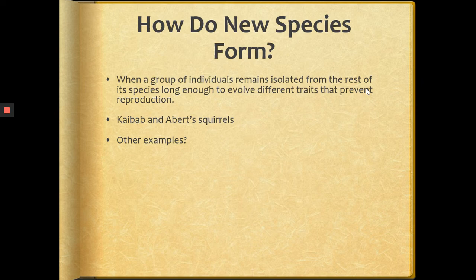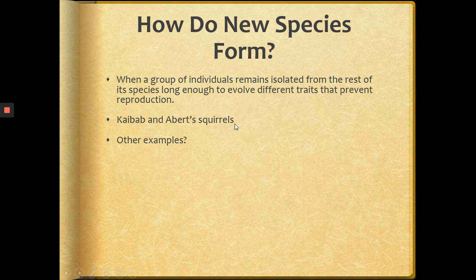And the Kaibab squirrel is on the other side of the Grand Canyon, okay, and has a very, very small home range. So it's realistic to infer that over enough time, these two individual squirrels will develop traits very differently from each other and may eventually evolve into two separate species.